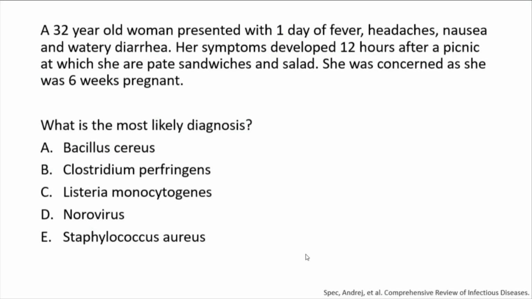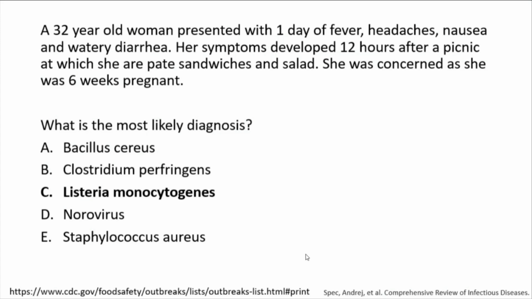Who eats that at a picnic? Pate. I don't really eat pate, but yes, with the meat. Okay, what's your guess? It's pregnant, so meat. Yeah. I don't think it's a perfect question.